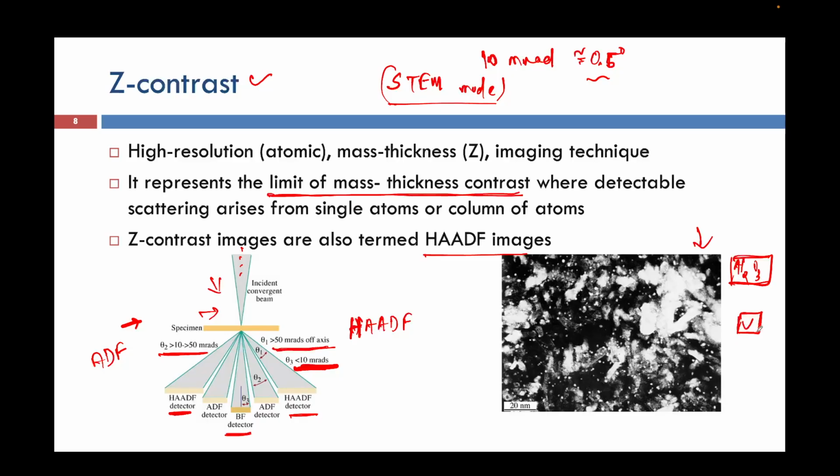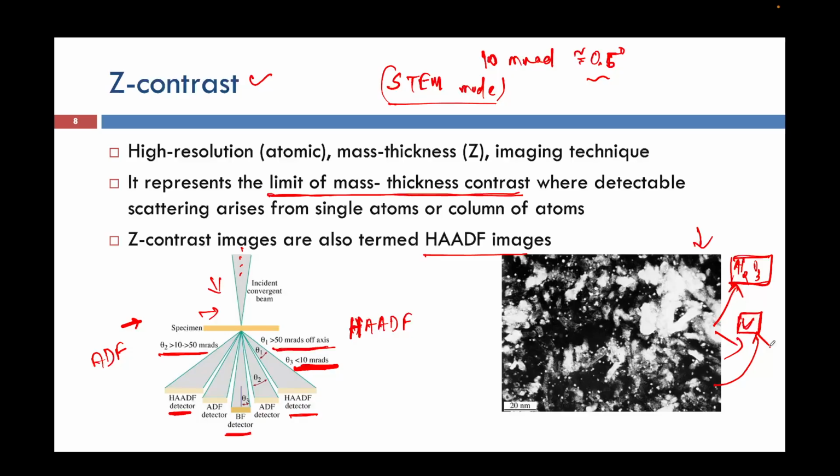Here all the bright regions that you are seeing are the alumina substrate, because alumina has a lower Z value, and Z here means the average mass. The uranium, or even thorium, the heavy metals, belong to the darker regions. Why the darker regions?